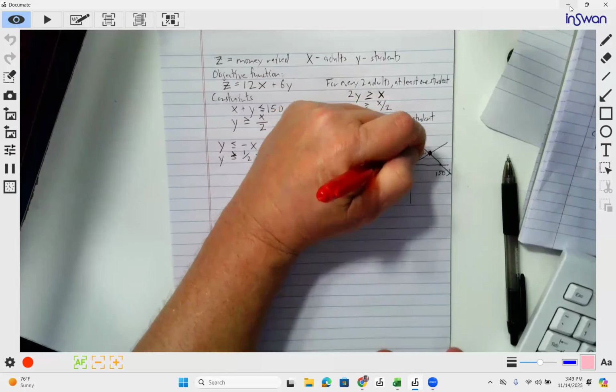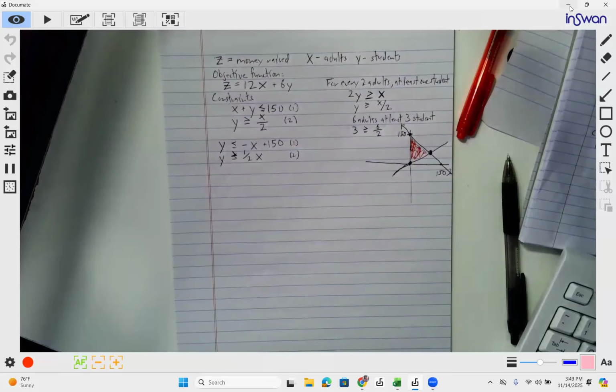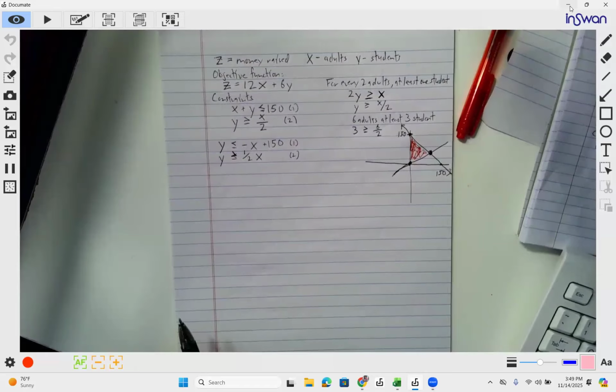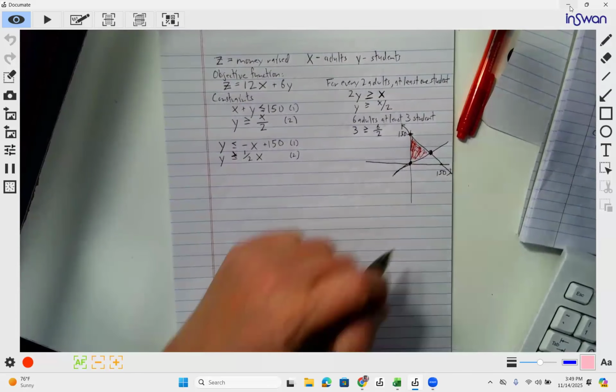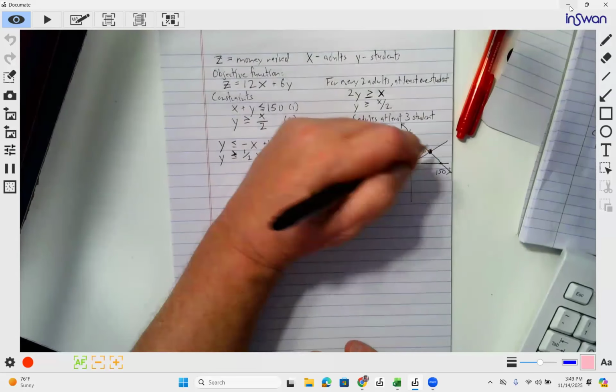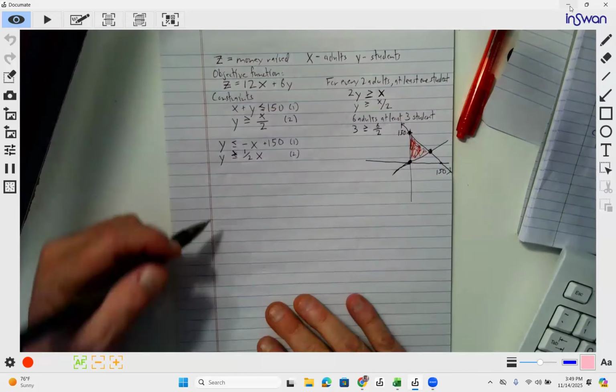We're in that region right there. Now, I have to find the objective function values at each of these 3 points. We got a point here, a point here, and a point here. I told you this stinking problem's hard, right?